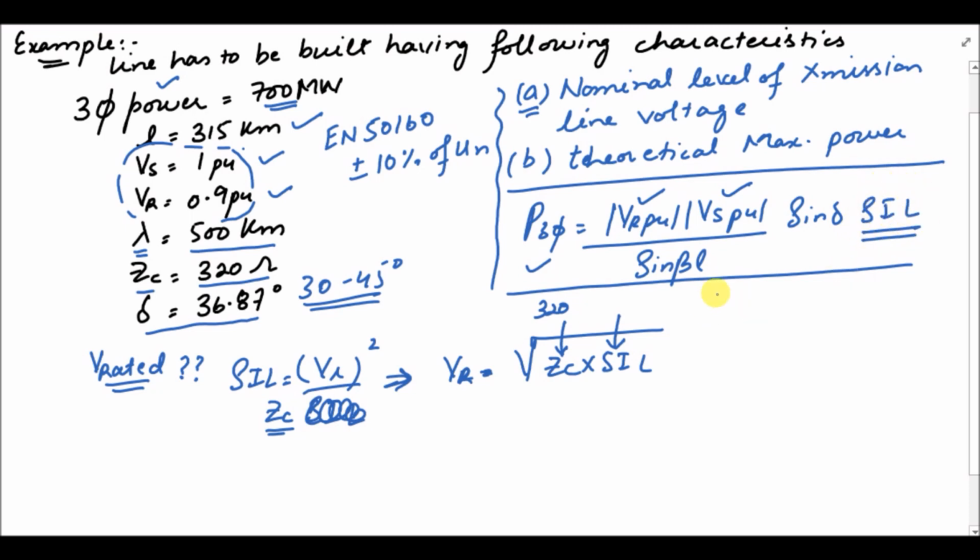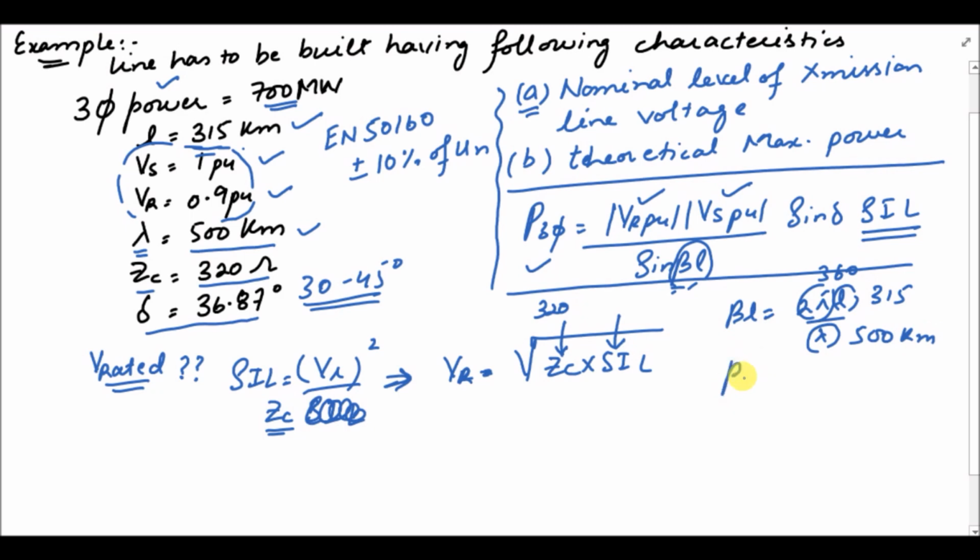So first, to calculate the beta L value, we know that beta L is equal to 2 pi L over lambda, right? So 2 pi is equal to 360. Length of the line is 315 kilometer, and the lambda that is given in the question is 500 kilometer.